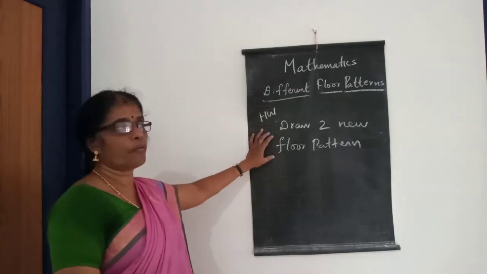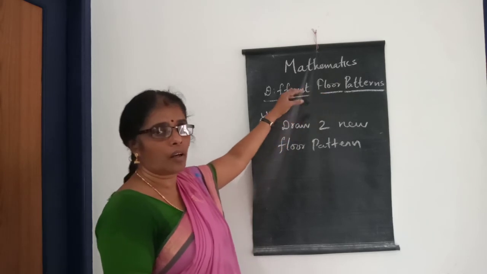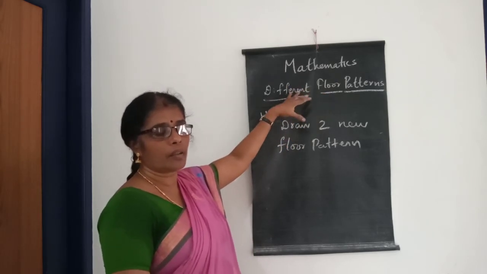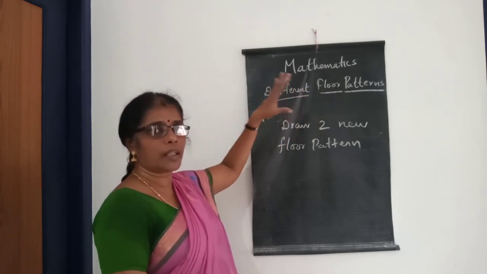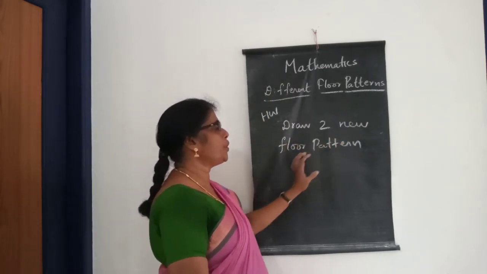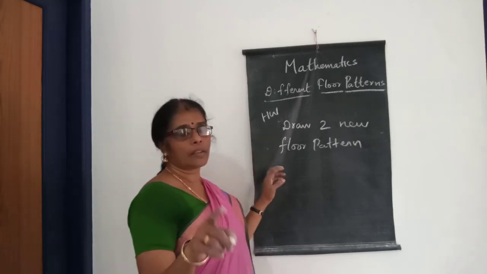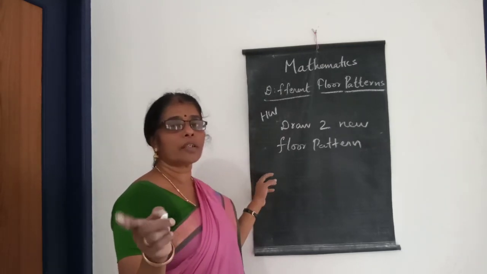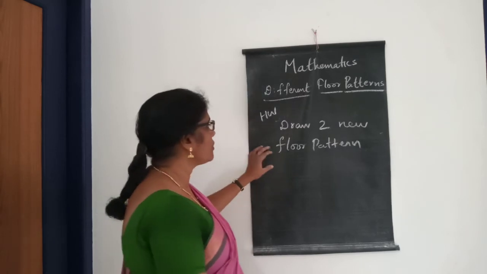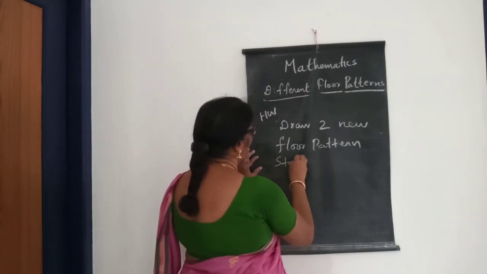Before doing this homework, you can try different floor patterns. You already saw that floor pattern on the board, isn't it? You have to draw it. After that, you write it as homework. Draw 2 new floor patterns. That you have to do in your assignment time, now.